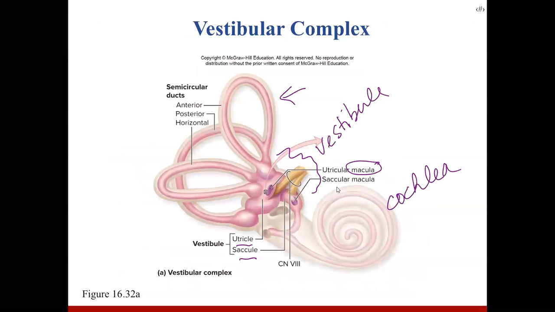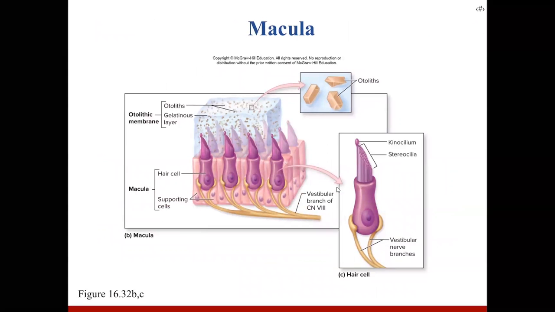Okay, so let's try to show you a picture here. Here's what the macula looks like. Here are the stereocilia, the little hairs, right? And here's the kinocilium. Here's the gelatin that's over top of it, and these are the calcium carbonate crystals that are in the gelatin.